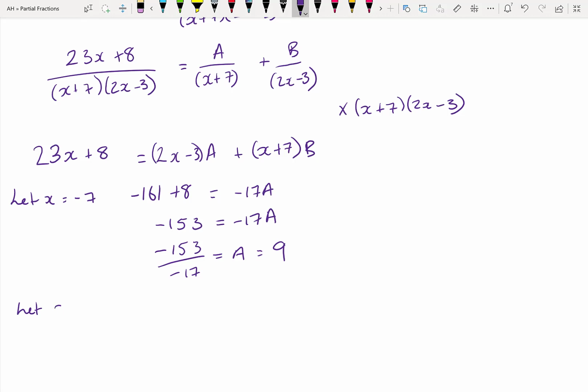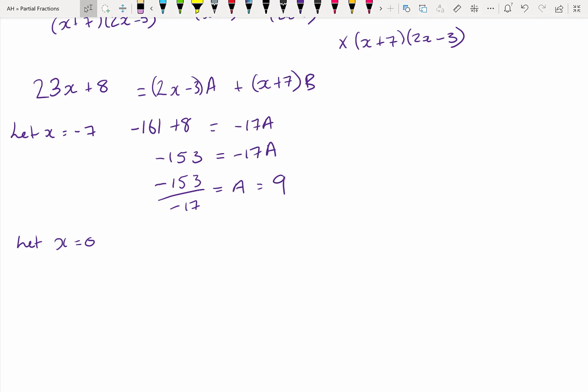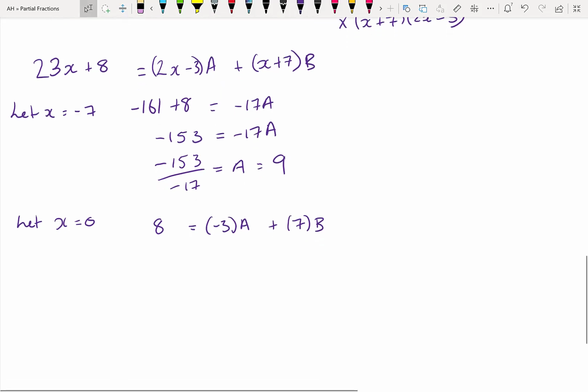So instead this time, I'm just going to say let x equal 0. Okay, and so we'll see how much that helps. 23 lots of 0 is 0 plus 8, so I get 8 on the left hand side is equal to, sticking my 0 into the next bit, 2 lots of 0, 0 minus 3, so I've got minus 3 lots of A plus 7 lots of B. So following this through, I've got 8 is equal to minus 3 lots of, well, I know the value for A now, because I've just worked that one out, so I can substitute that in as well.